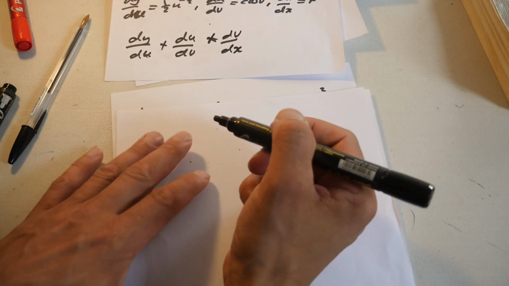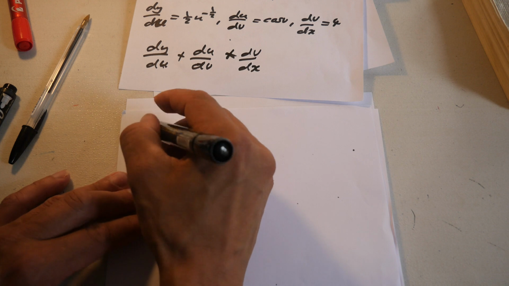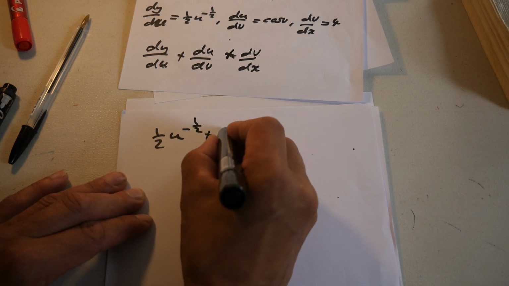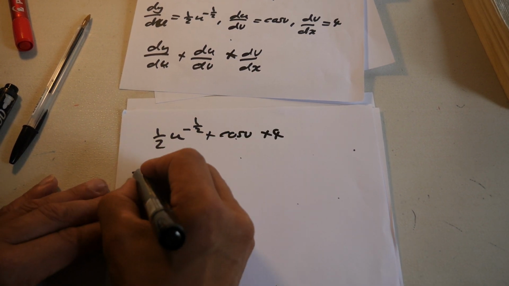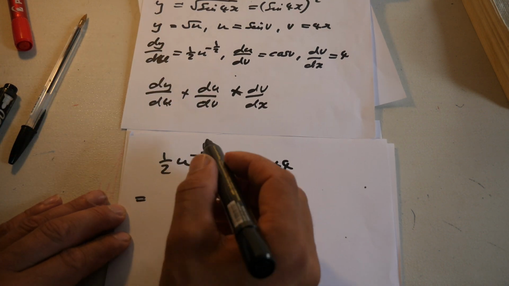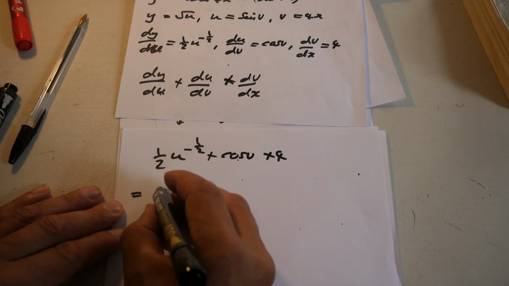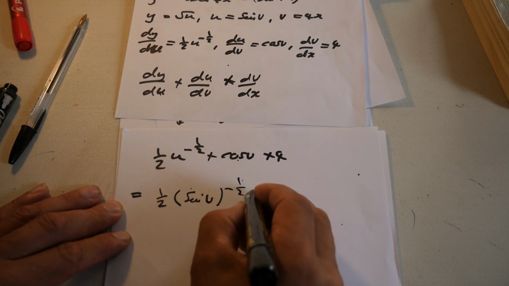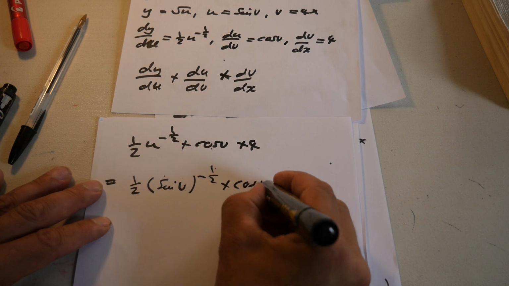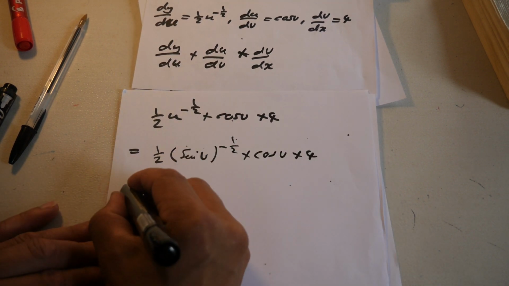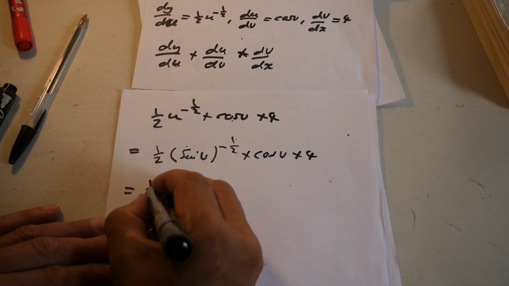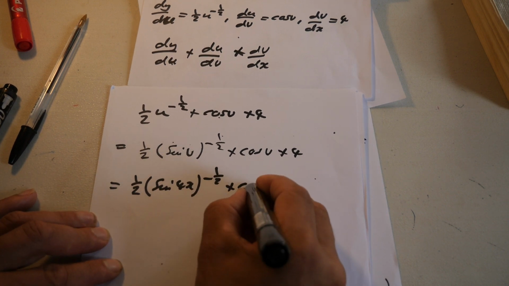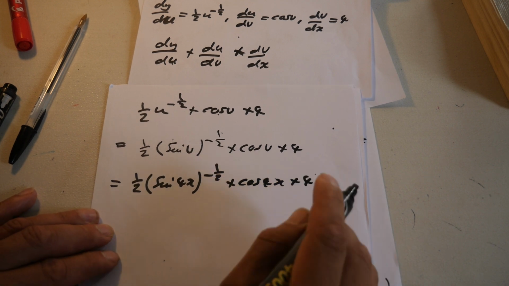So you get half u to the minus half times cos v times 4, okay, and u is equal to sine v, so you get half sine v to the minus half times cos v times 4, okay, and v is equal to 4x, so you get half times sine 4x to the minus half times cos 4x times 4, okay?